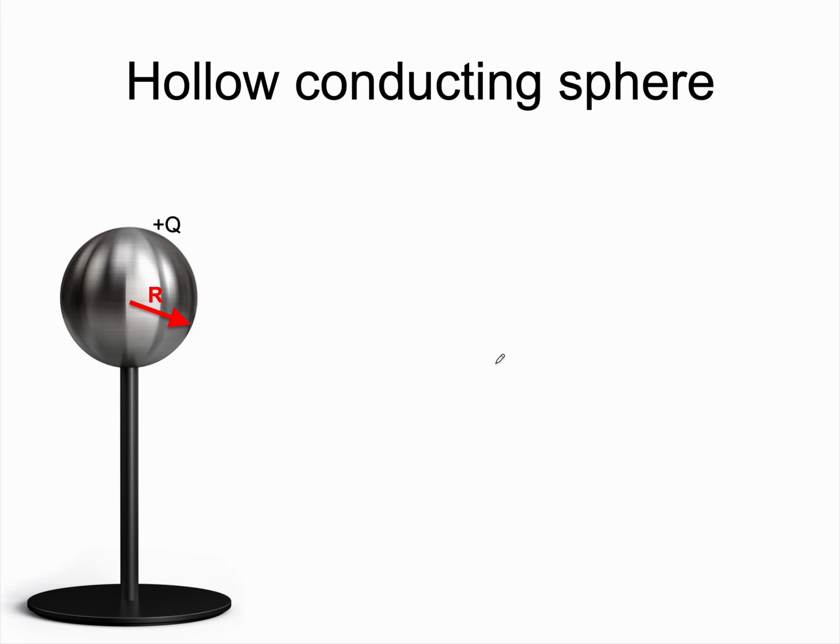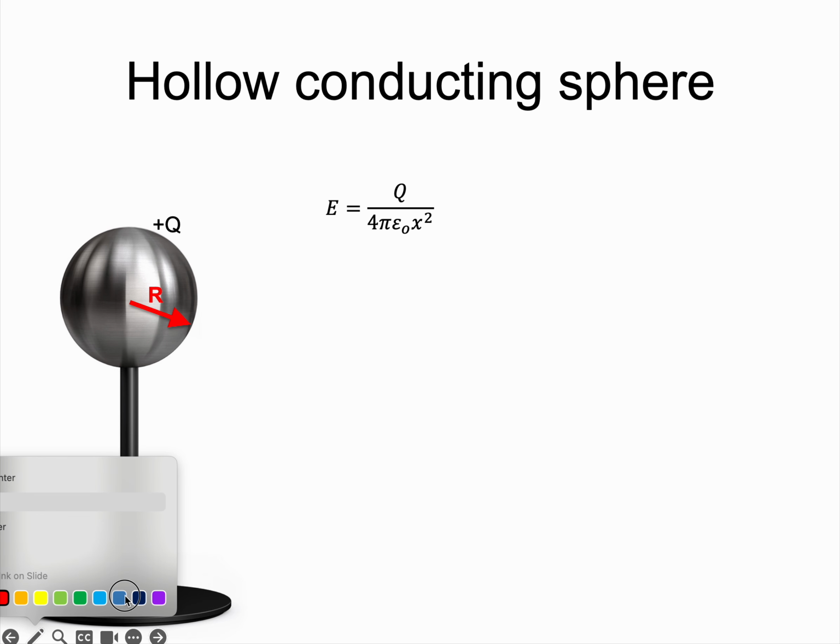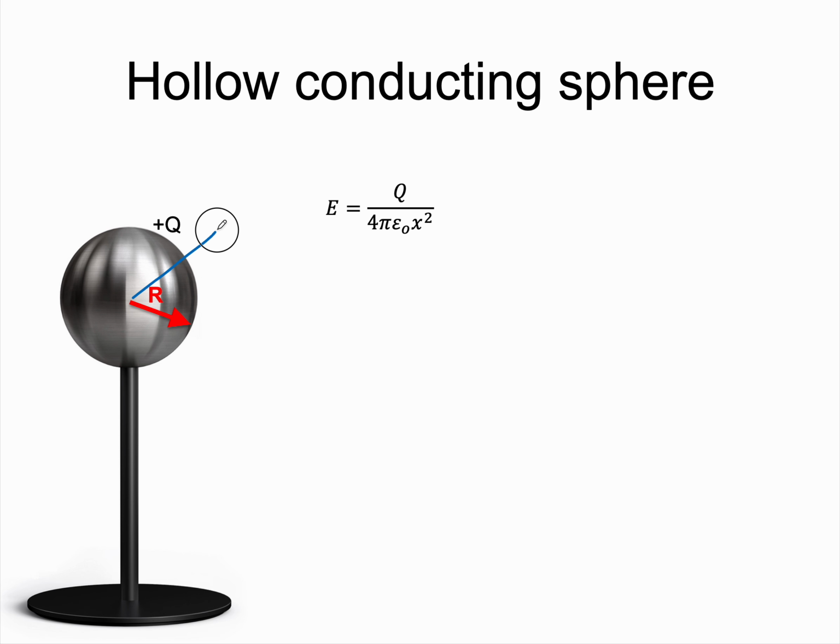So take a look at this, and I need to give you now the mathematical definition of capacitance. We've got a very simple hollow conducting sphere of radius r, and it has some positive charge Q on it. If you remember, the electric field around one of these, you could use Gauss's law, is given by this, where x is how far you're away from the center of this thing.